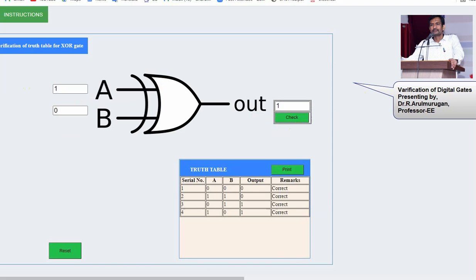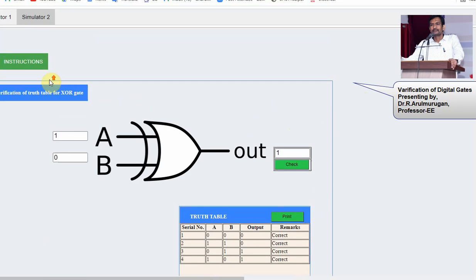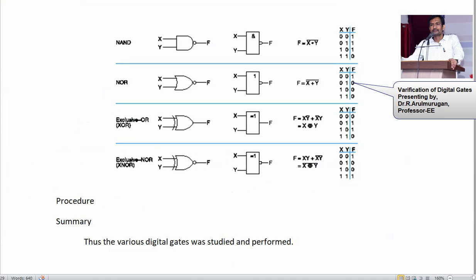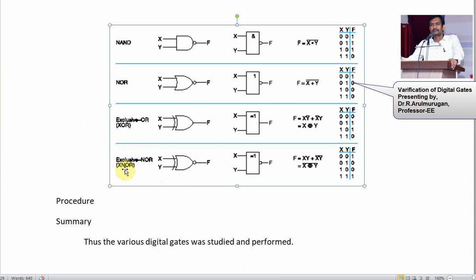So how XOR is developed, I told you that method. Next one, what is that one? XNOR. XNOR is nothing but put one bar on the answer. I mean, just do the reverse: 1 0 0 1.